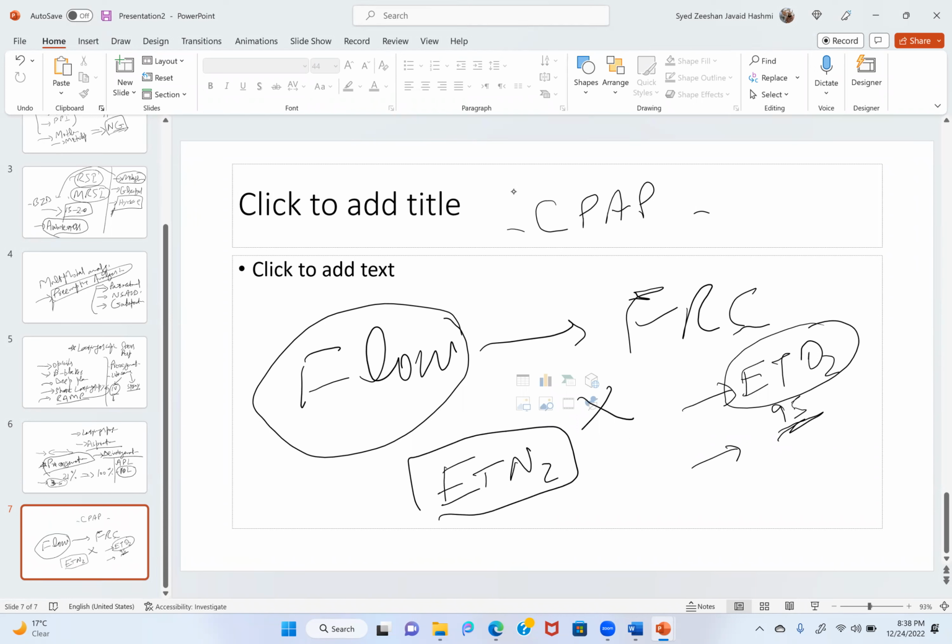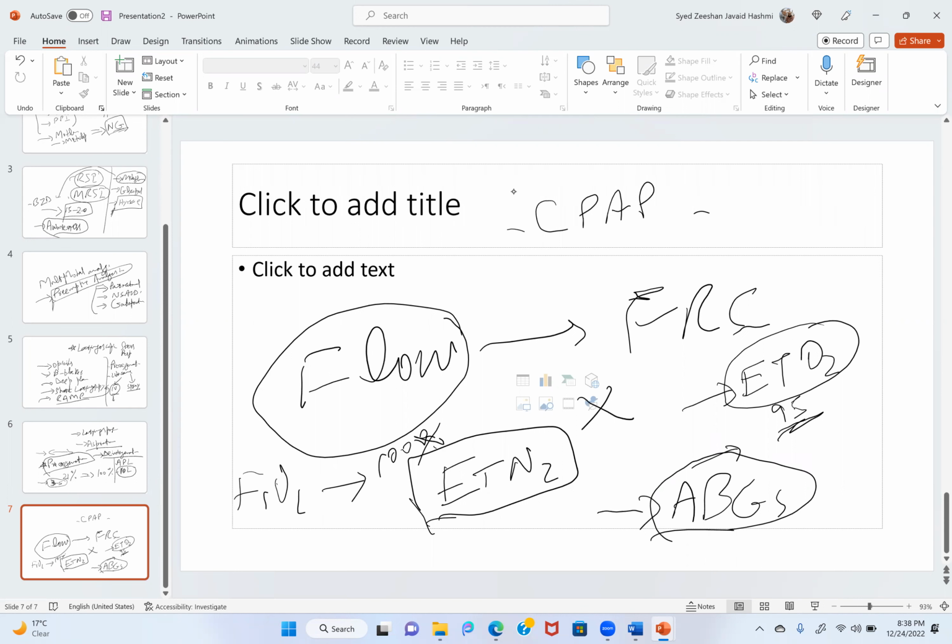Okay, very good. What else? We will never do it, but ABGs, or if the saturation was less before and now it has become 100%, this will be a vague idea of what you are getting.